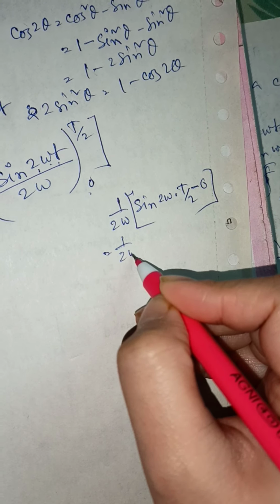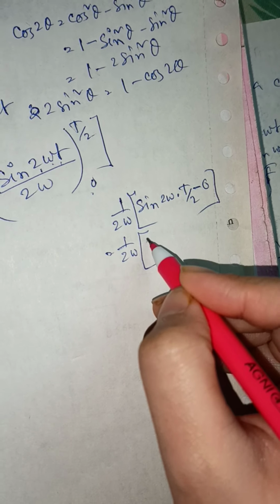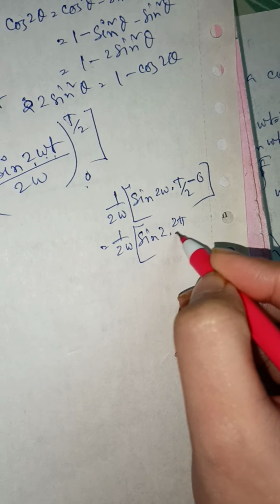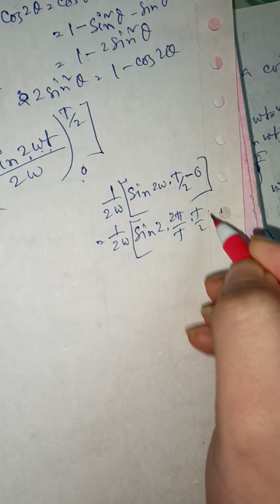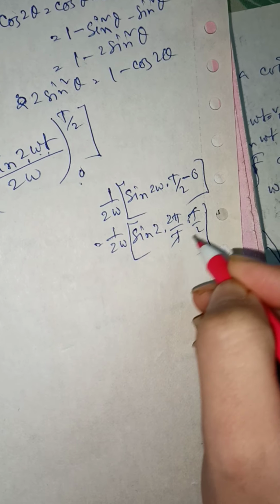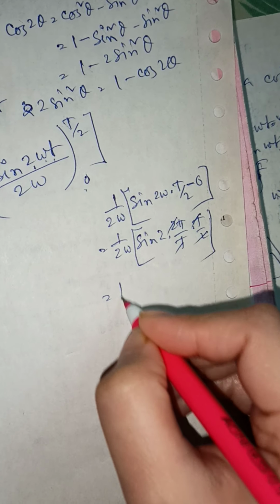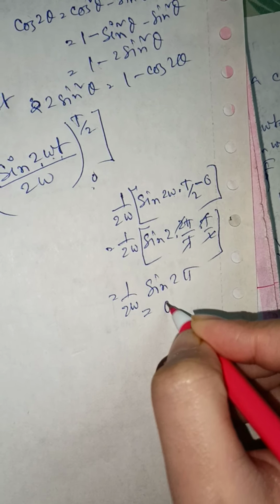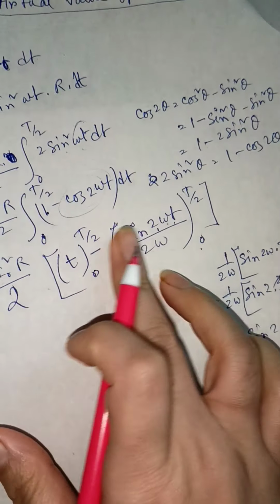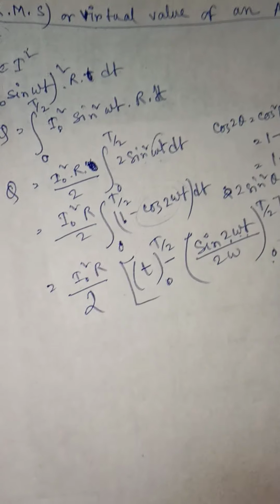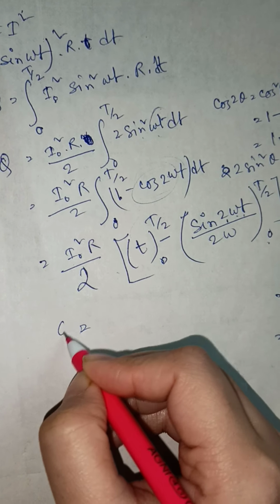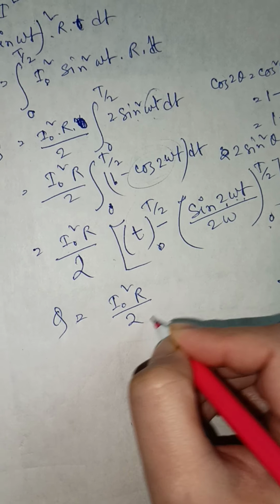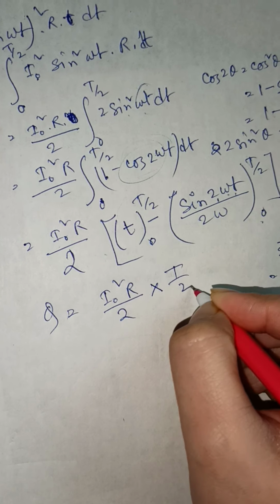Now 1 by 2 omega sine 2 omega, where omega equals 2 pi by T, into T by 2. T cancels, 2 cancels, so 1 by 2 omega sine 2 pi. We know that sine 2 pi equals 0. That means this form will be 0. So finally we get Q equals I naught square R by 2 into T by 2.